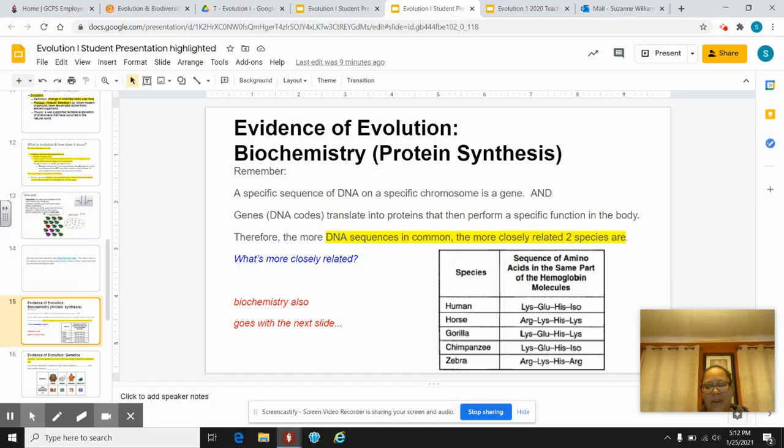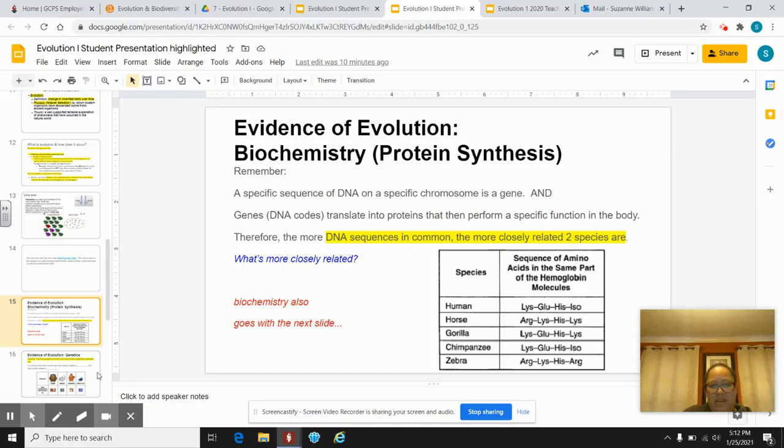So clearly, we are not chimpanzees, but we are more closely related to chimpanzees, meaning if you go back in time, you will find our common ancestor between humans and chimpanzees sooner than you would between a human and a horse. So the more sequences they have in common, the more closely related the two species are.